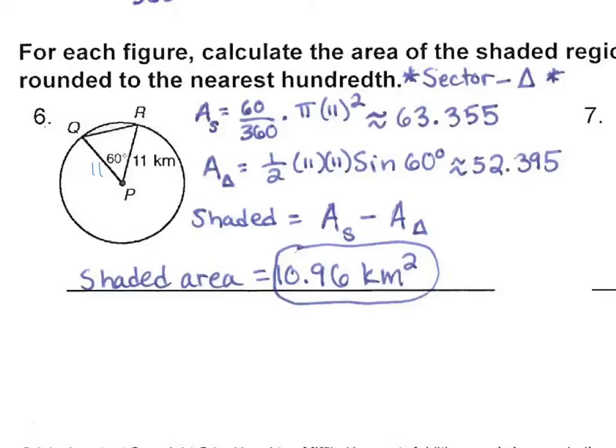The shaded is the subtraction or the difference of those two values that you just came up with. So that's 63.355 minus 52.395. And my final shaded area rounded to the nearest hundredth is 10.96. Make sure you have square units there, kilometers squared.